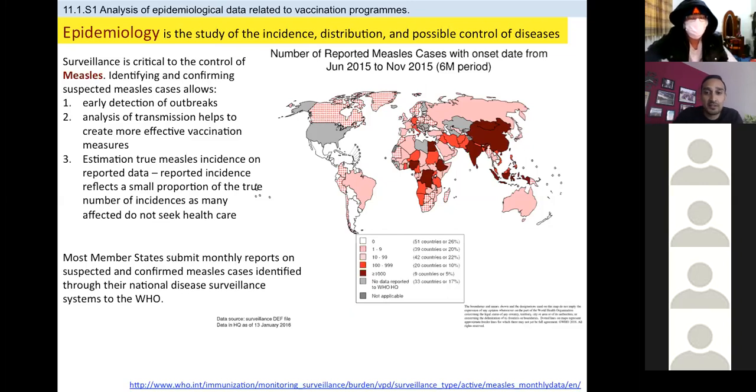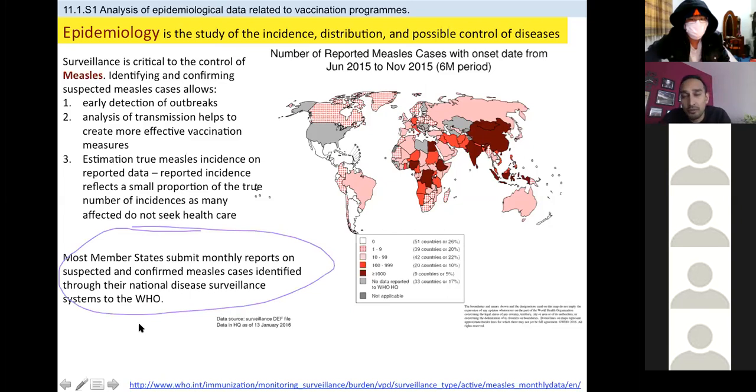You can see here, and this is very relevant to us right now, that most member states of the World Health Organization submit monthly reports on cases of measles. And this is just one disease, but they would report on any of these very contagious diseases, right?